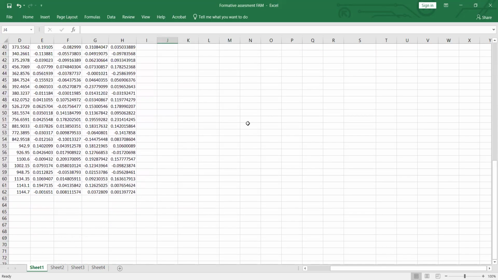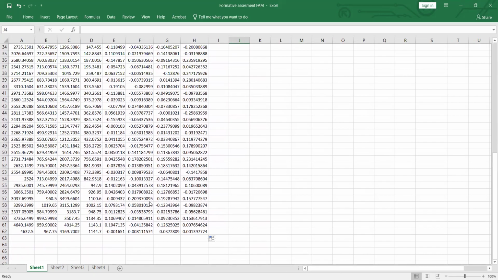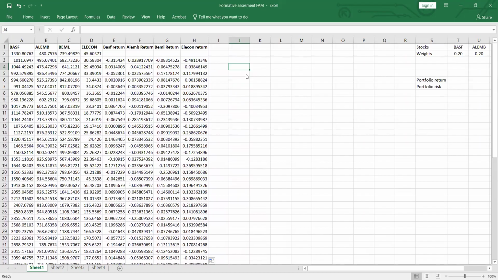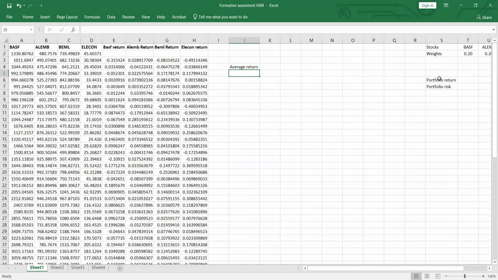So we make one column, average return, starting with BASF.